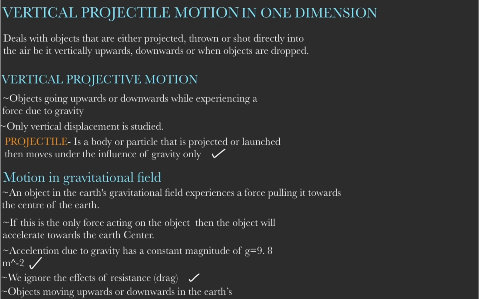And then another point that you need to know when dealing with projectiles is acceleration. Projectiles accelerate at a magnitude of 9.8 meters per second squared downwards. And the other point is that we ignore the effects of resistance or drag when dealing with vertical projectiles.